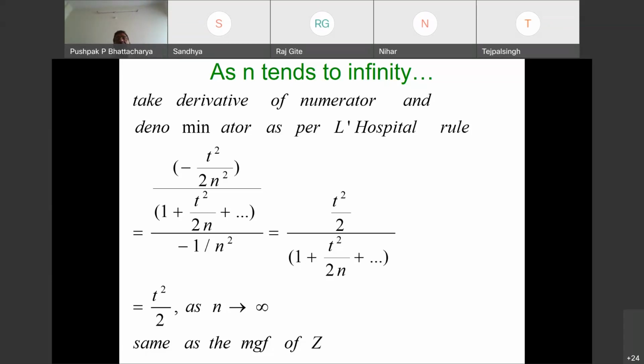These means will follow a normal distribution with mean mu, where mu is the population mean, and standard deviation sigma by root n. Okay, suppose we had to prove this statement.